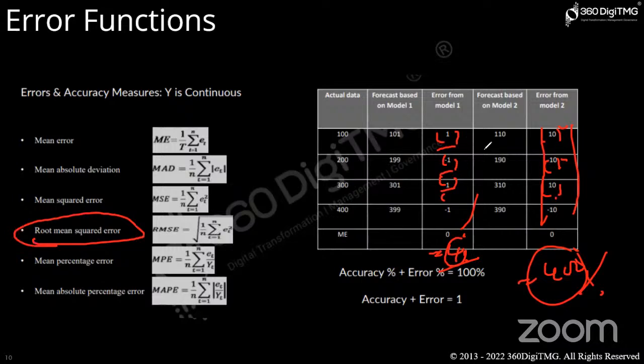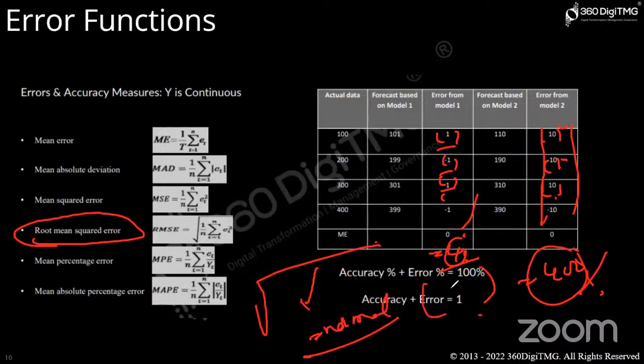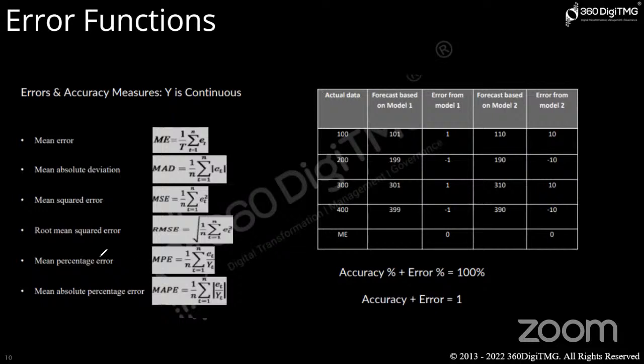Units get squared and the value is also squared. To avoid that, we apply the root. Then whatever the error term is, we bring it back to its normal form, the actual error, and the squared unit is also avoided with root mean square error. So mostly when we are working on regression, we go with root mean square error.